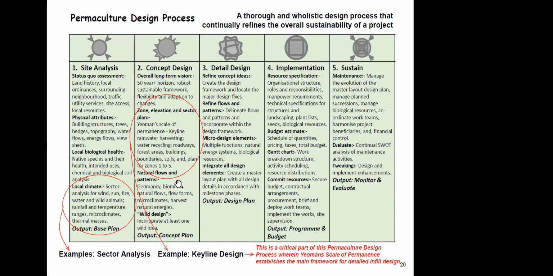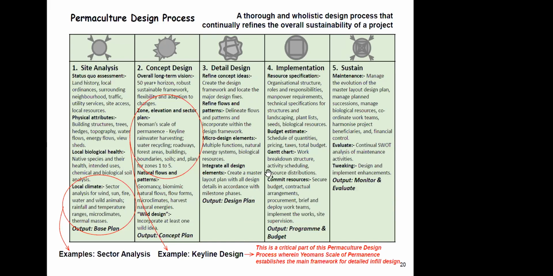So now you've got the natural flows and patterns that reinforce this framework. You incorporate some wild design, and then the output of it is a concept plan. And that moves on to a detailed design plan where you look at your concept plan and you start refining the framework and looking at the flows and patterns.